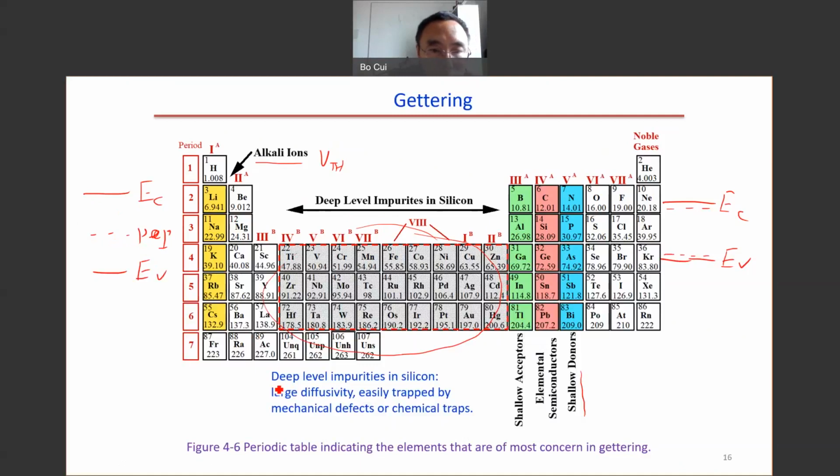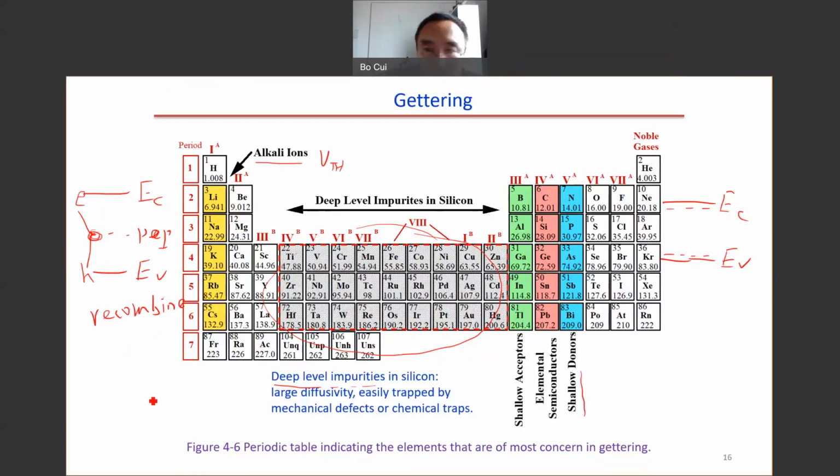They are bad because if we have an electron and a hole, they come to those deep level sites and get recombined. When the electron and hole get recombined, this makes the electron and hole lifetime very short.